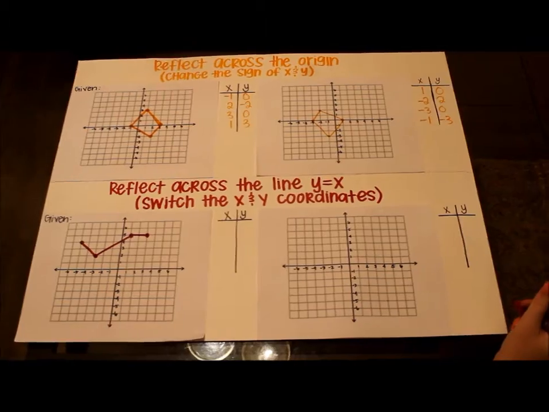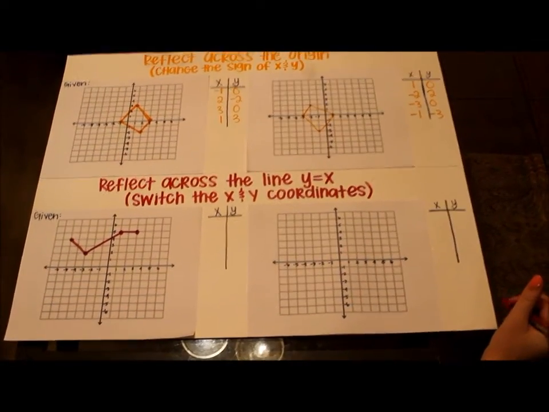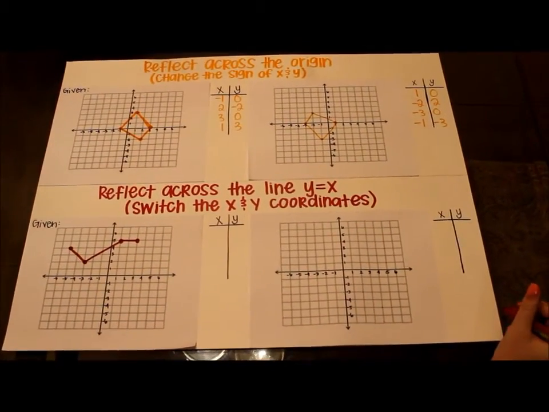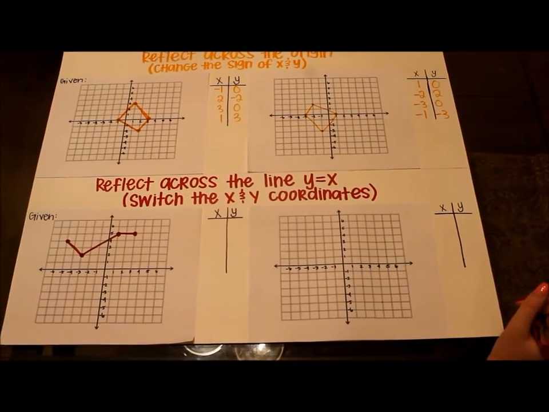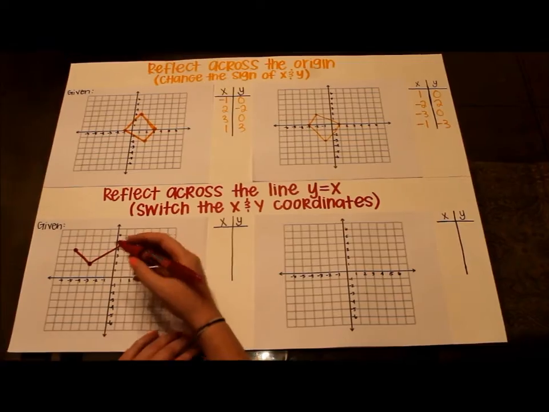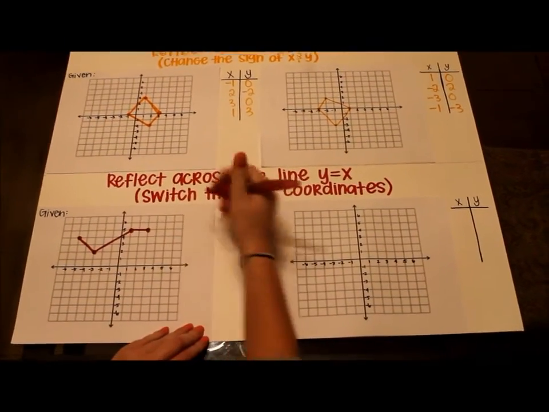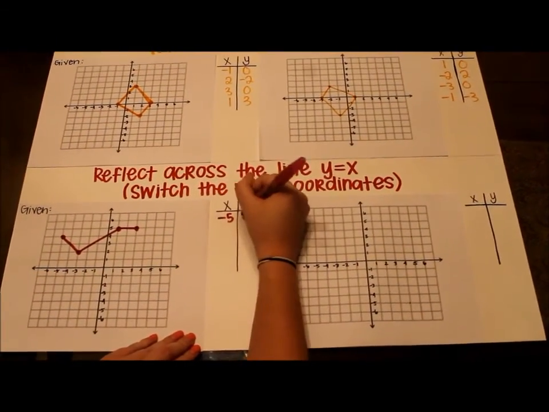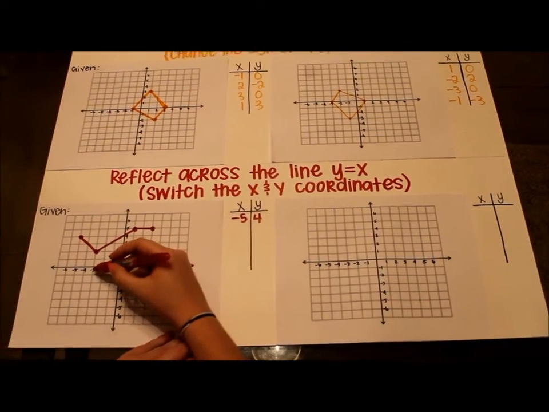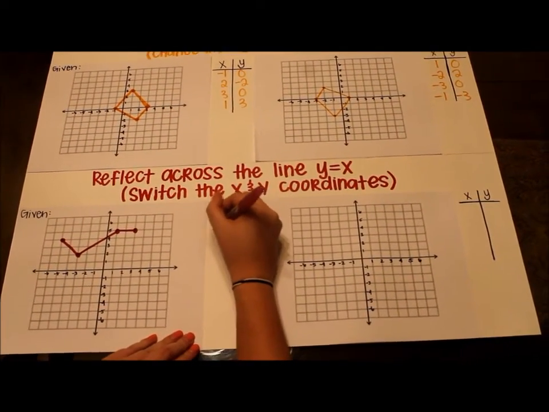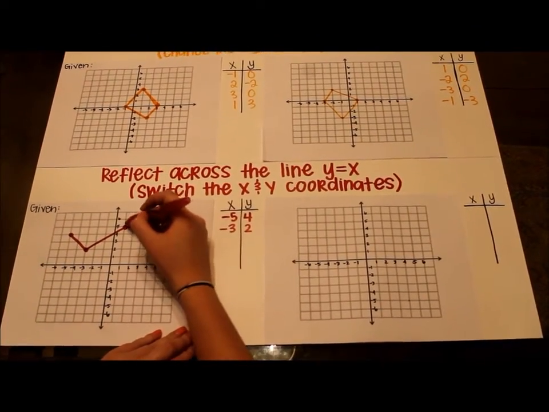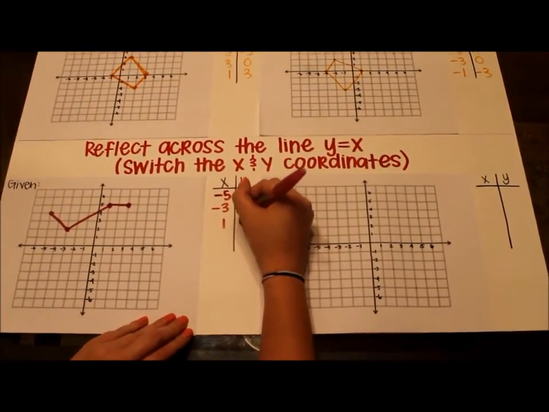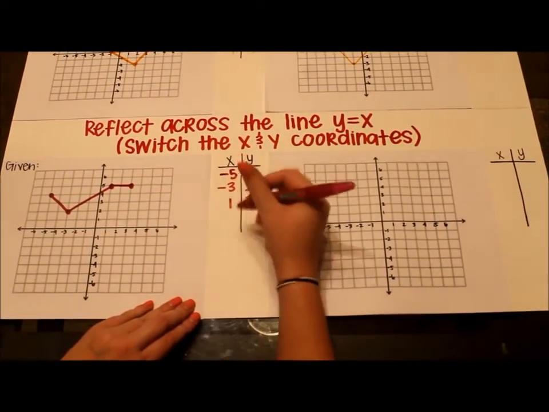For our fourth example, we are reflecting across the line y equals x. In order to do this, we are going to switch the x and y coordinates. First, we are going to plot our coordinates on our table. We have -5, 4, -3, 2, 1, 5, and 3, 5.